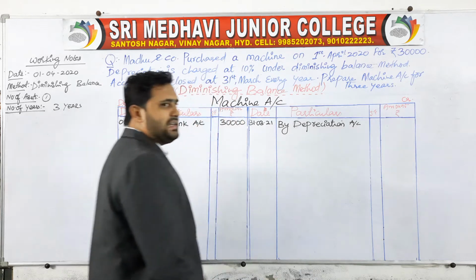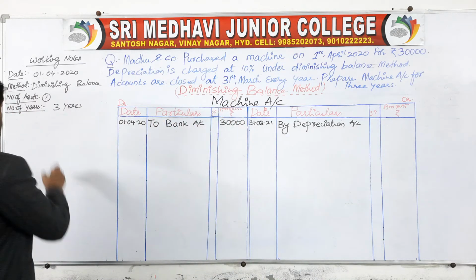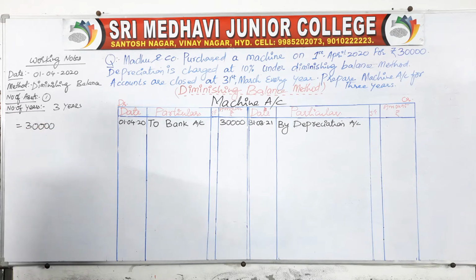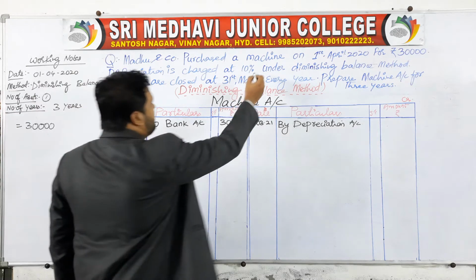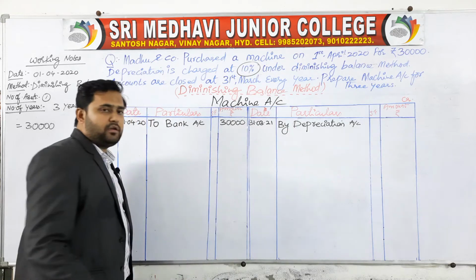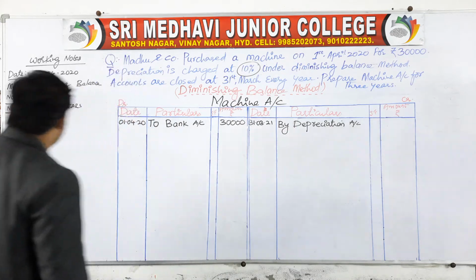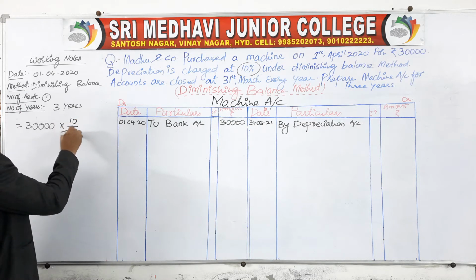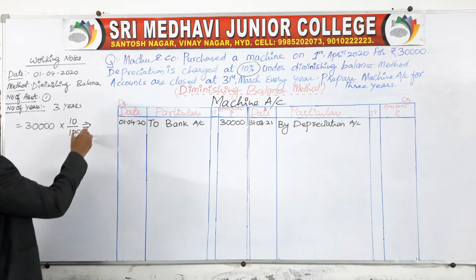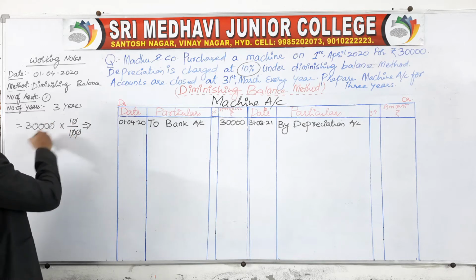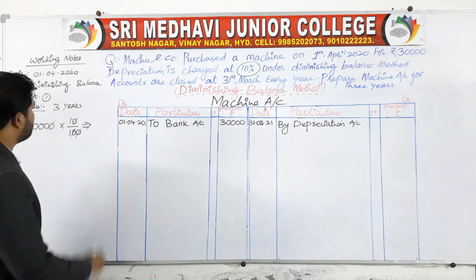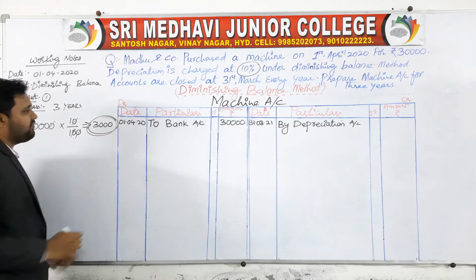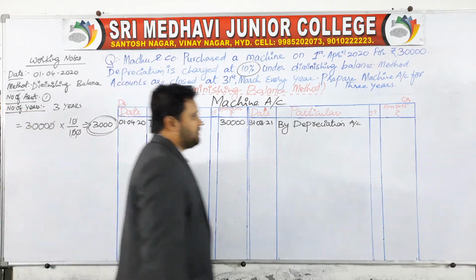How are you going to calculate the annual depreciation? 30,000 into the rate of depreciation, which is 10%. 30,000 into 10%, if you simplify this, you will get 3,000 as the annual depreciation of this financial year.